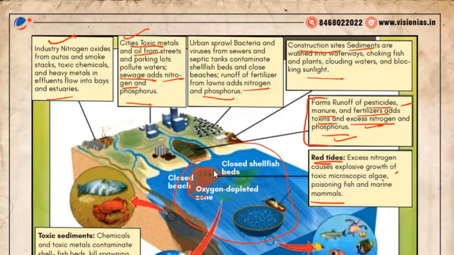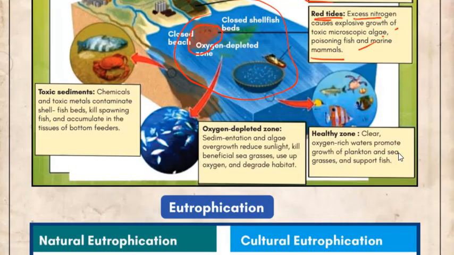A word is given, red tide, which is when excess nitrogen causes explosive growth of toxic microscopic algae, poisoning fish and marine mammals. Just remember it.